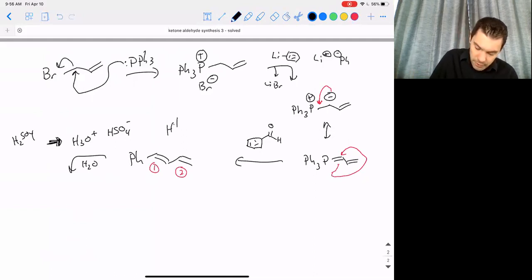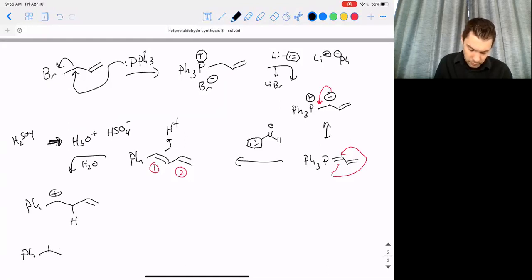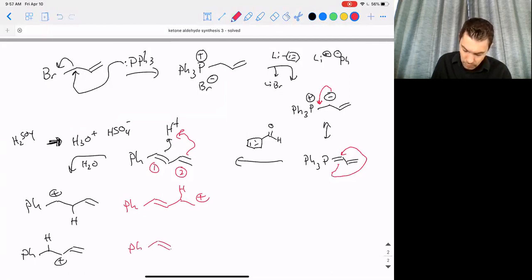So if we take H plus, we could imagine either of these double bonds attacking, and we could imagine having protonation at either side of that double bond. So we could have protonation at this site, could have protonation at this site. We could then invoke the other alkene. Could have protonation at this site, or we could have protonation way out here and have this one.